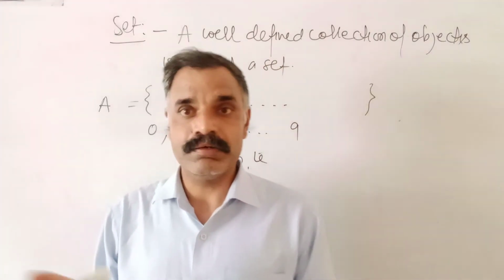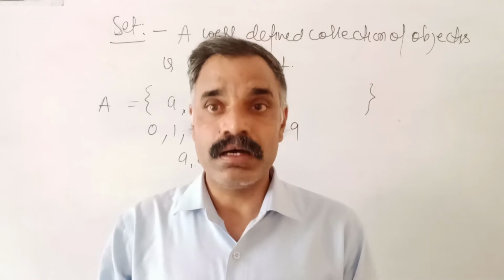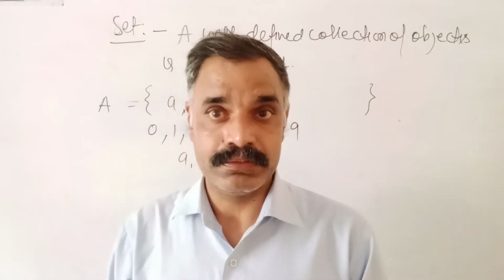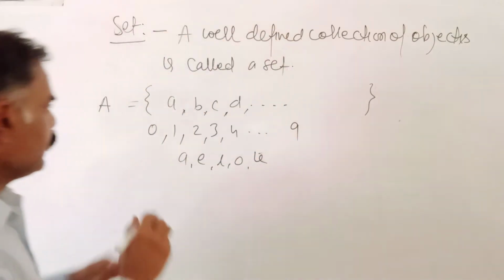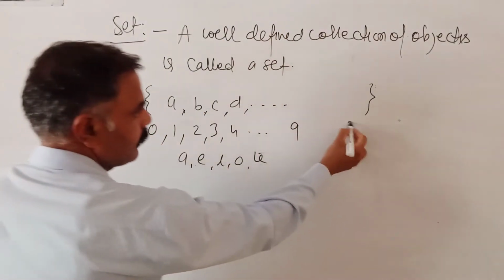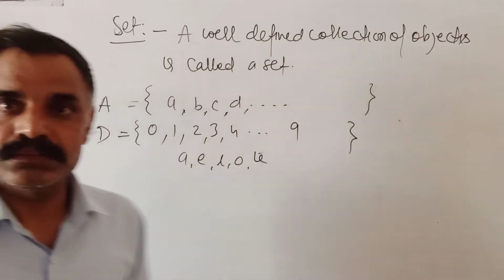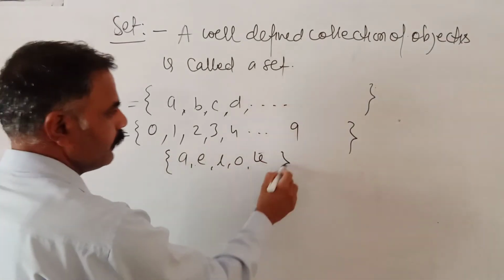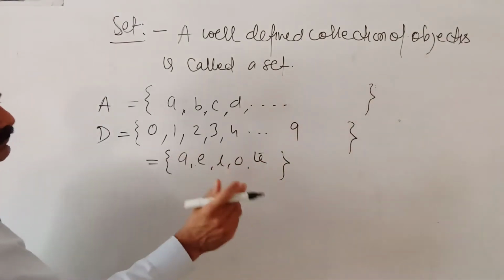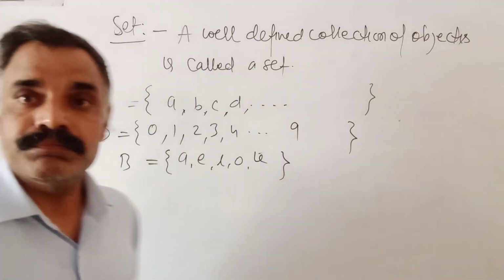Just like capital A, and these are digits, so this can be named D for digits. It can also be named by any other capital letter, such as B, C or something else.